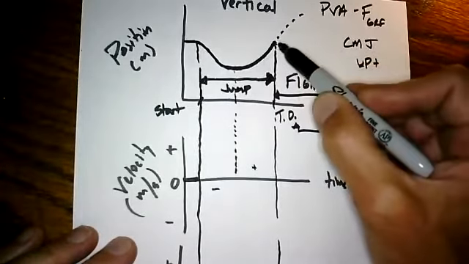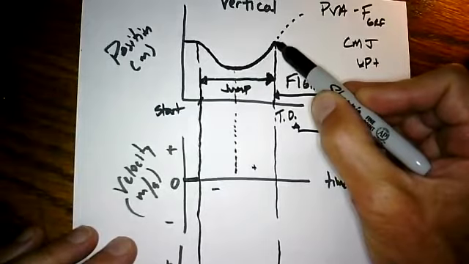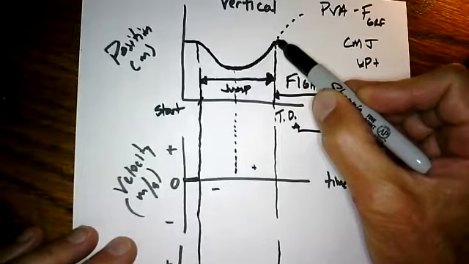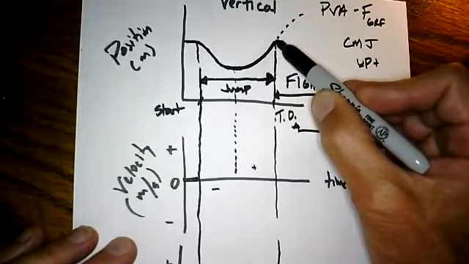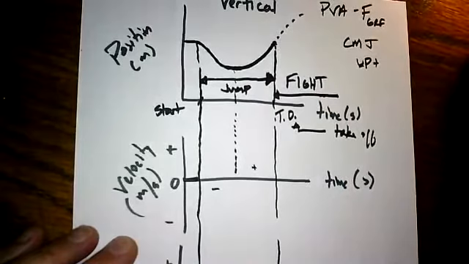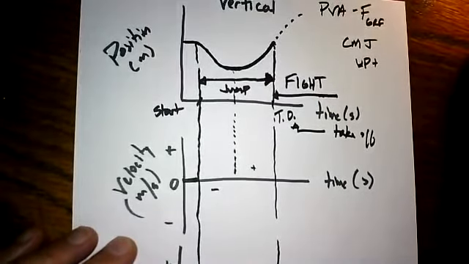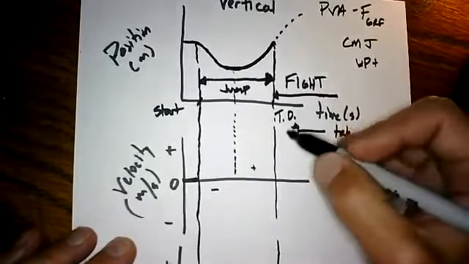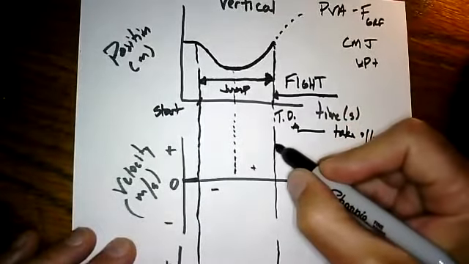Because once we take off, we're a projectile, and we're no longer pushing on the ground. Velocity will slow down while moving upwards. The higher we make the velocity at takeoff, the longer we'll be in the air, and the longer velocity will be slowing down. So we end up jumping higher. So the velocity at takeoff is a positive number.